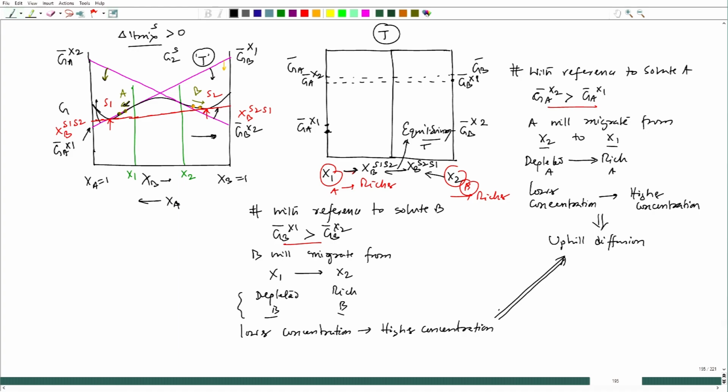So, this upfield diffusion, which is lower concentration to higher concentration movement of the solute, happens when an inflection arises in the free energy composition plot. This is another important aspect to understand physical phenomena with respect to the free energy composition diagram.